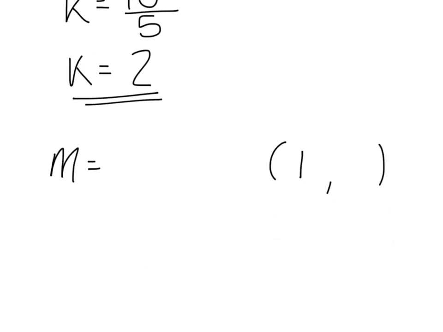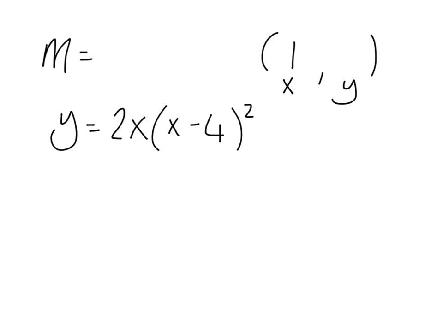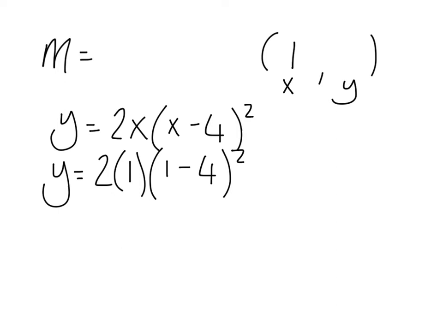So the simplest thing to do first is to work out the y coordinate, which goes with the x coordinate equal to 1. So we'll do that by substituting back into the original equation. So the curve equation is y equals 2x times (x minus 4) all squared. We want the y value to go with the x value of 1, so that's 2 times 1 times (1 minus 4) all squared.